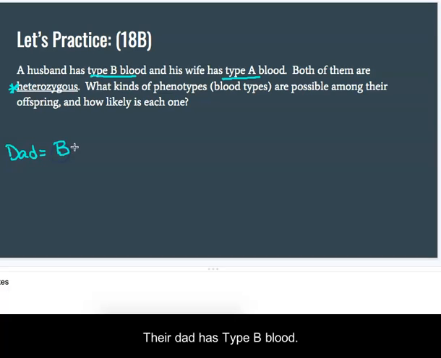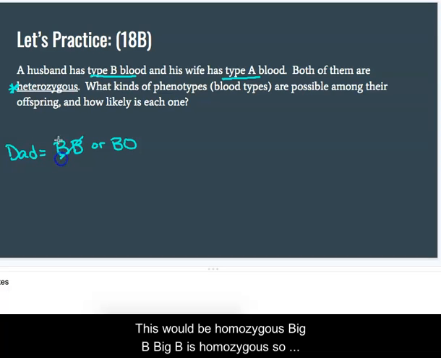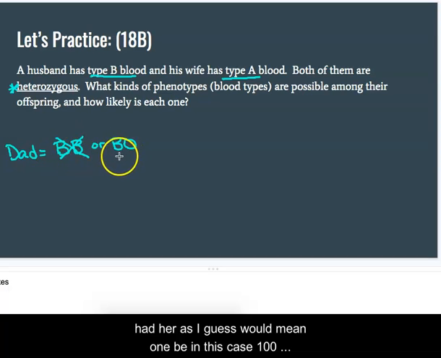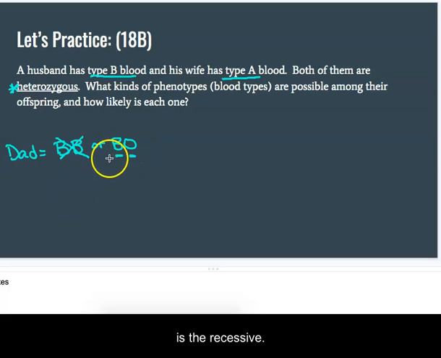So dad has type B blood, and options for type B blood are either BB or BO. Big B, big B would be homozygous. So heterozygous would mean one B, in this case one O. O is the recessive. So we know dad is BO.